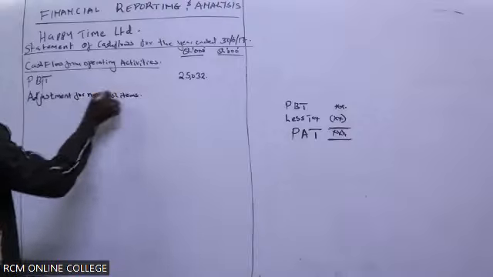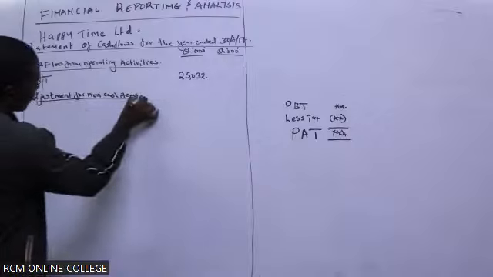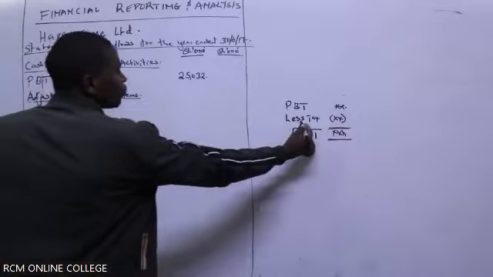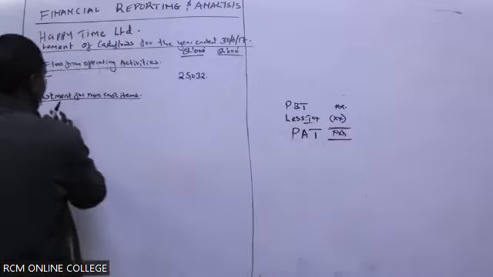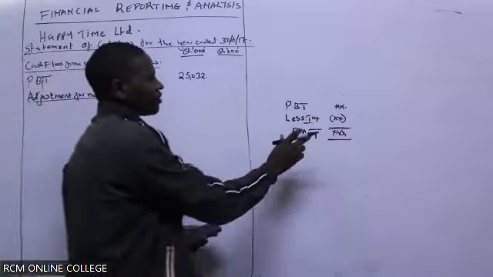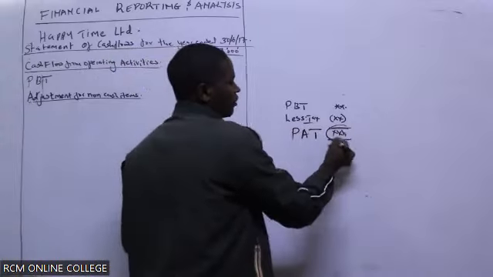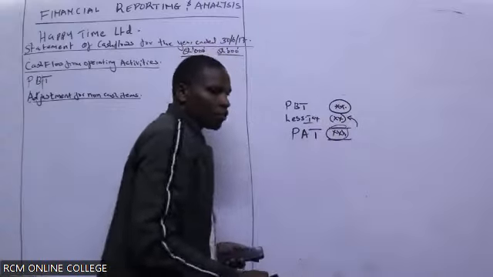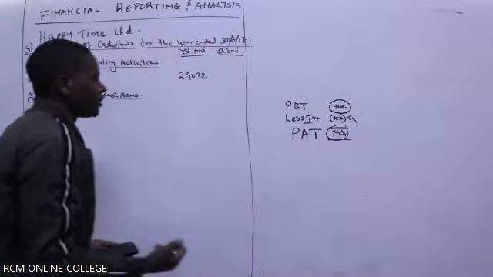Adjustment for non-cash items, this is very important. You are going to add tax expense here, which means you have returned it back to the profit before tax. Please note that, it is important.